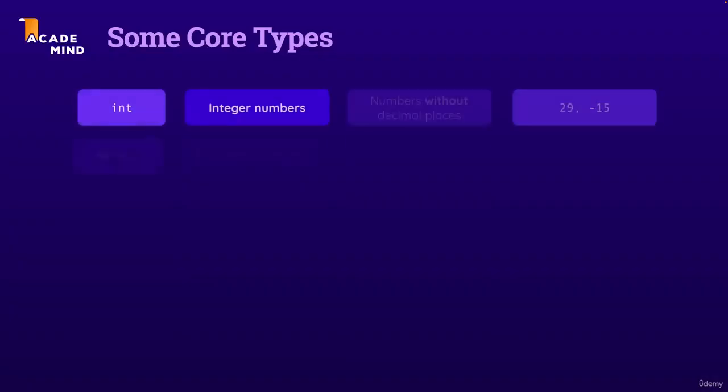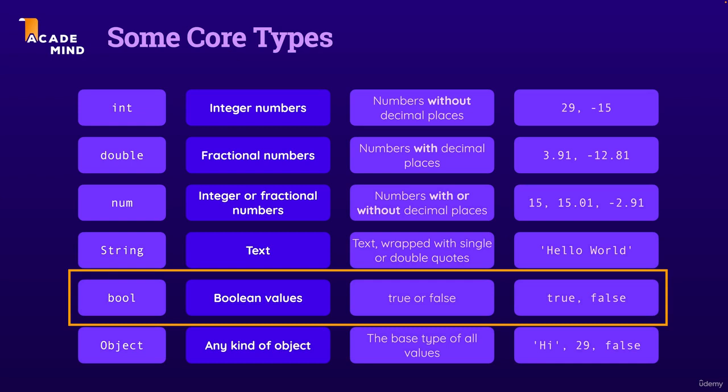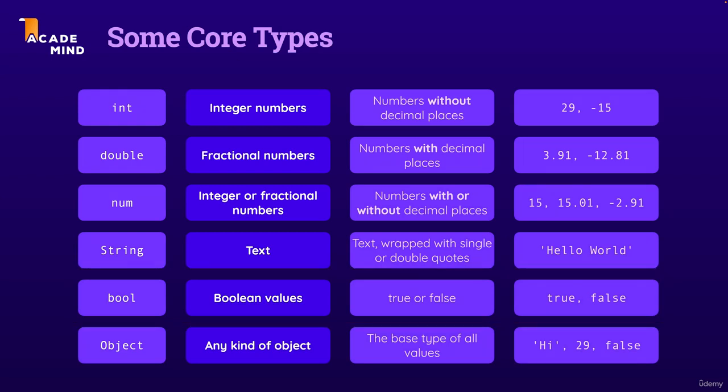And maybe you remember this slide from the previous course section where I did mention these Boolean values already. It's a special kind of value which is supported by Dart and basically all other programming languages out there in the world, which is either true or false.